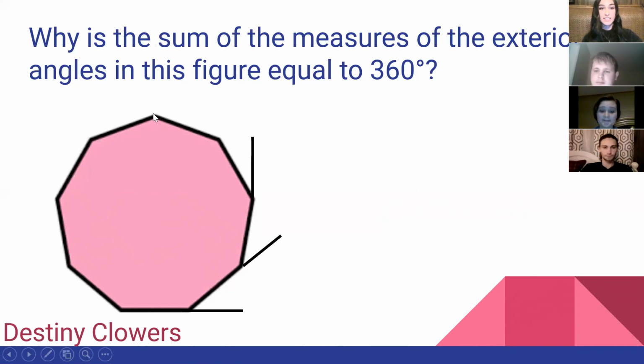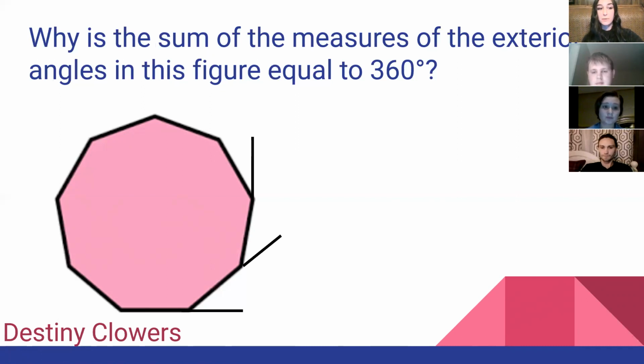Starting at this vertex right here, imagine walking all the way around this polygon. As you're walking around, you're passing through an exterior angle at each vertex. Towards the end of the walk, we get to the vertex where we started, and that means that we made a full 360 degrees around the whole polygon.